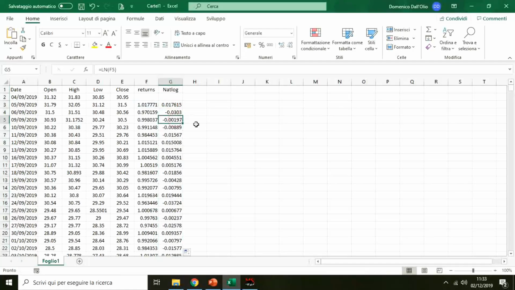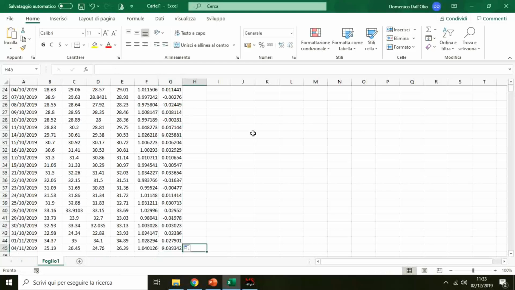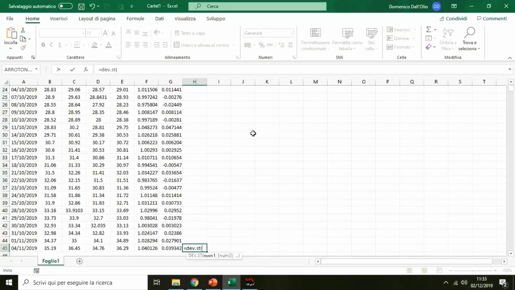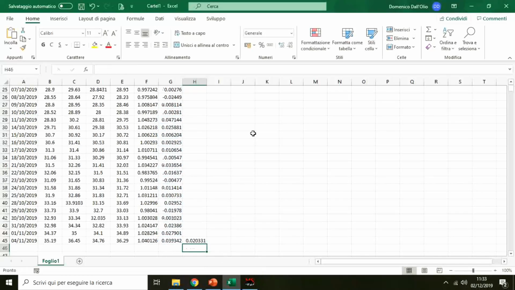And then we can calculate the standard deviation of the last 20 natural logarithms: 2, 4, 6, 8, 10, 12, 14, 16, 18, 20.